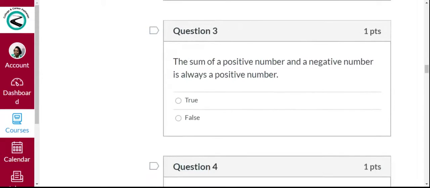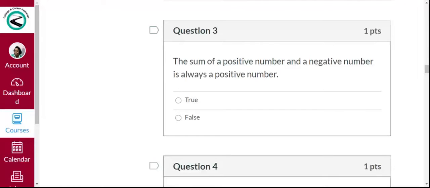Now, question number 3 I have. The sum of a positive number and a negative number is always a positive number. That's not true. It depends on which number is further away from 0. So when I have a positive number and a negative number and I'm adding them together, what I truly do is ignore the signs initially, take the difference between the two numbers, and then I determine the sign by whichever one of the numbers is further from 0.